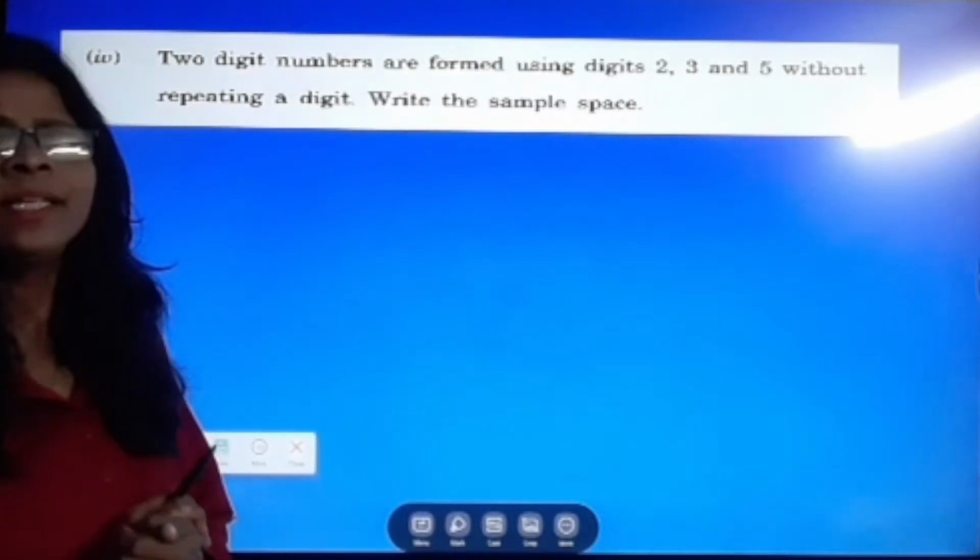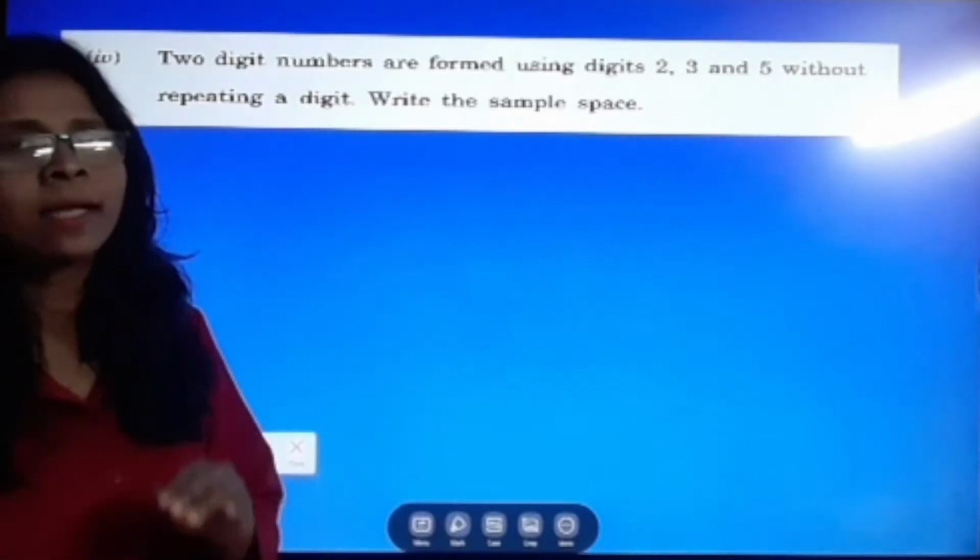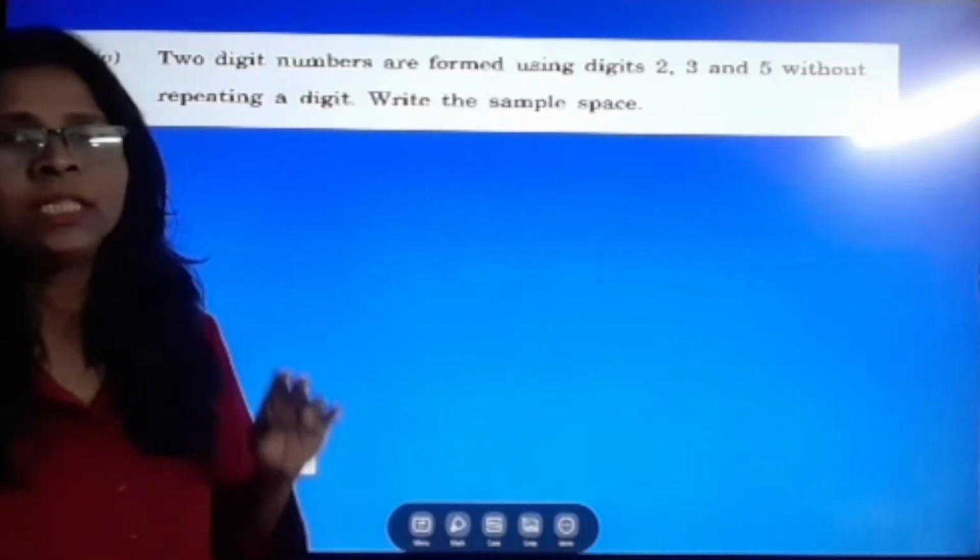Okay, but the given condition is that we have the given digits 2, 3, 5.